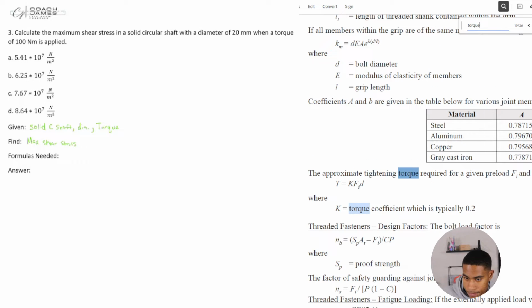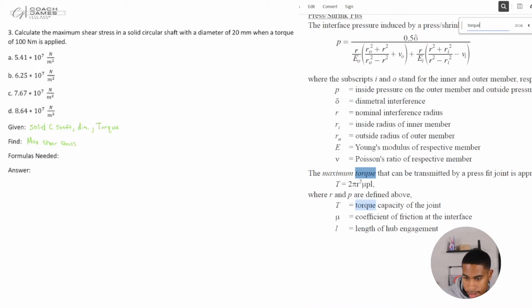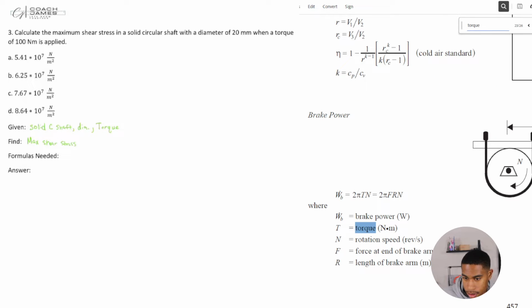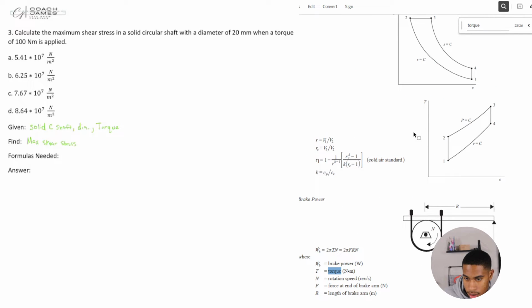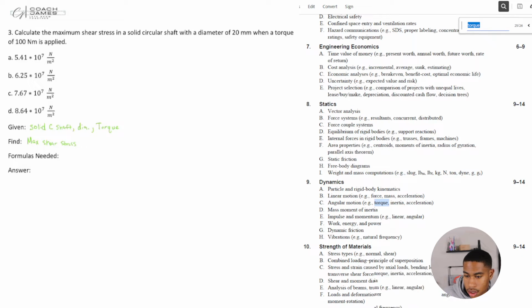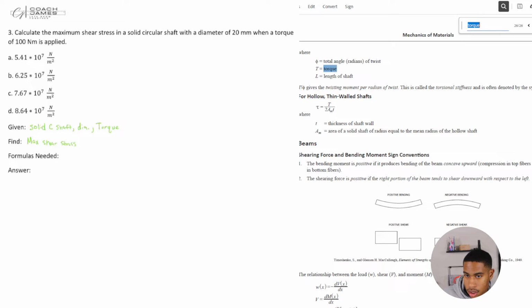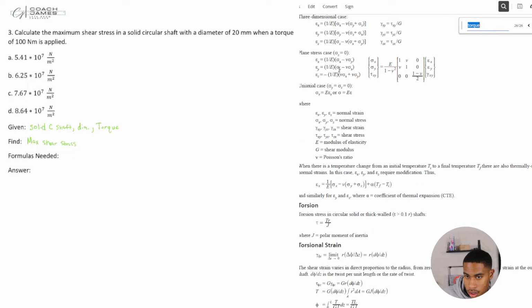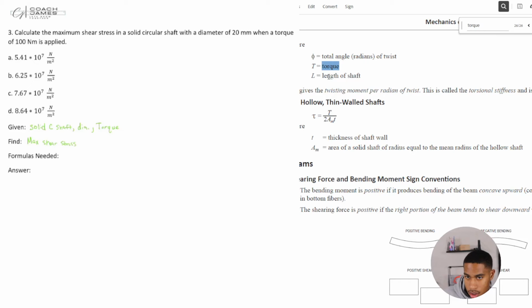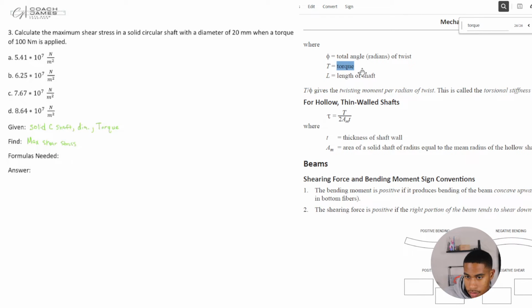So I go through and see if anything can. This is for brake power. Shaft.